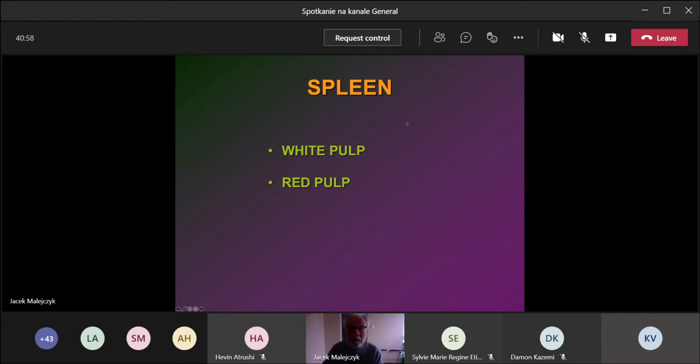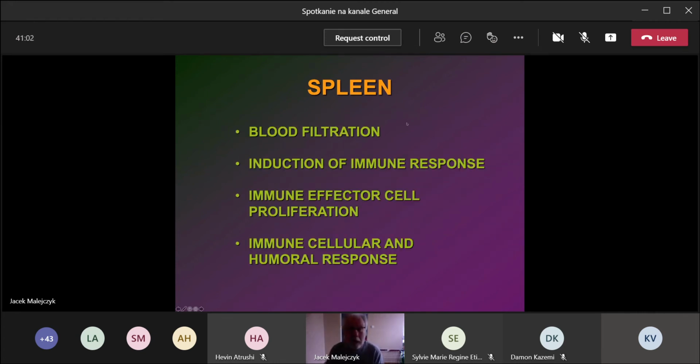The next organ is the spleen. The spleen is composed in an apparently different way compared to the lymph node. It is composed of what we call white pulp and red pulp. What is the role of the spleen? The role of the spleen is identical to the lymph nodes, because it participates in induction of the immune response.